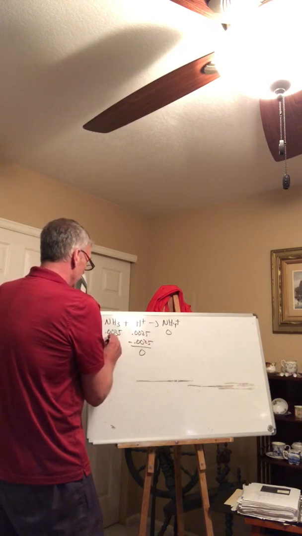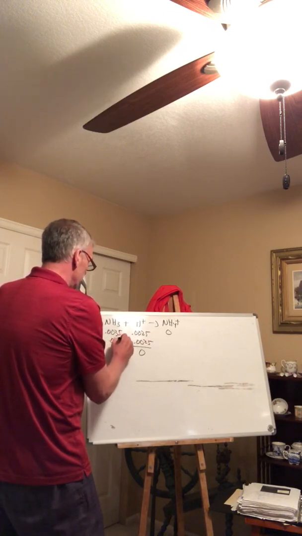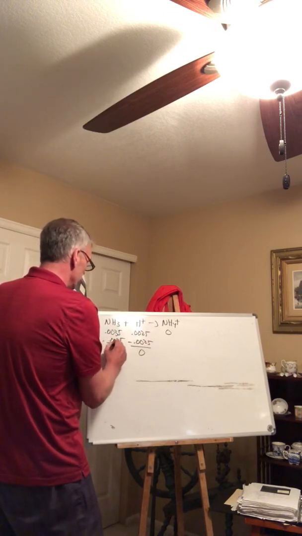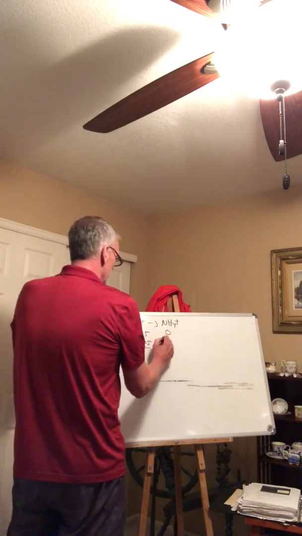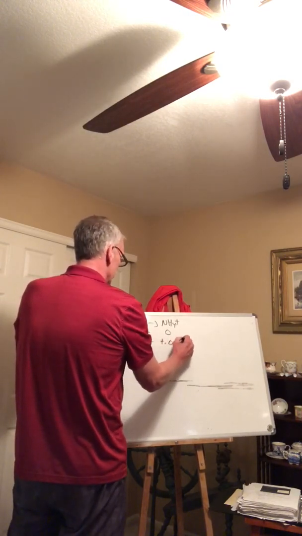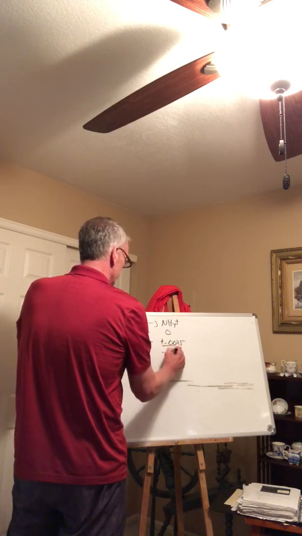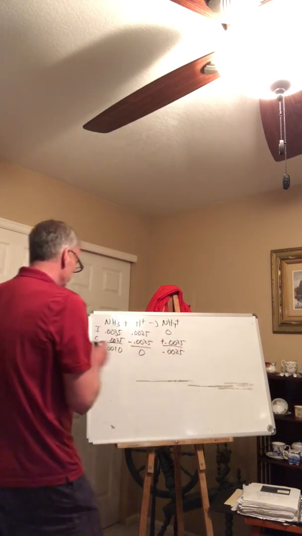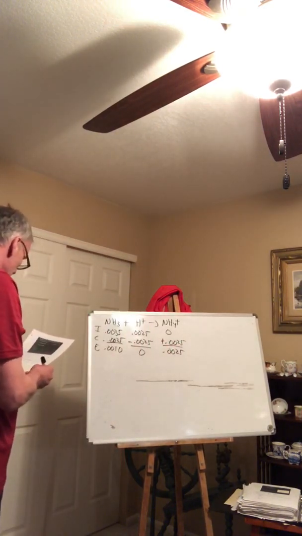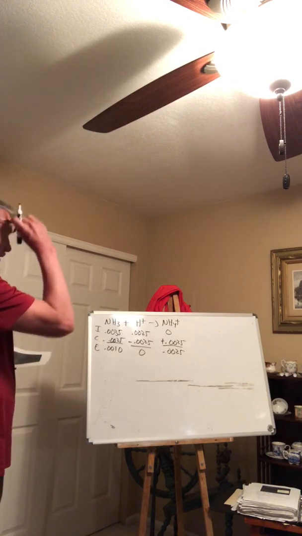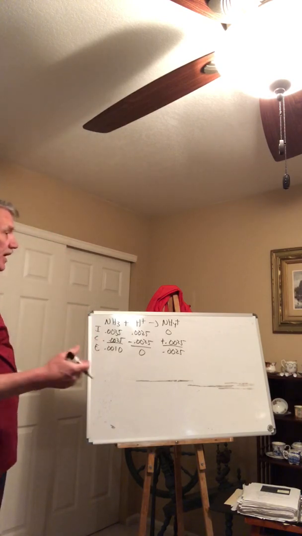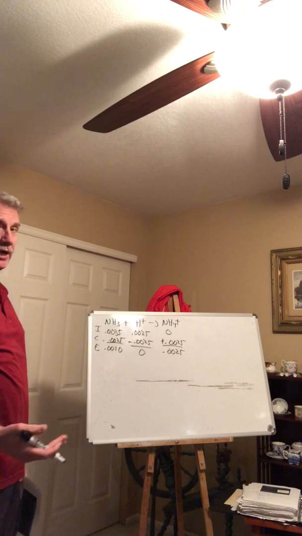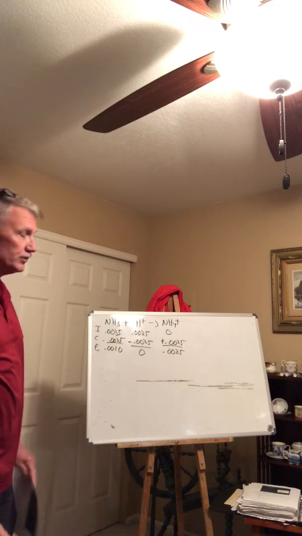And so what I have here is 0.0010, and then plus 0.0025. And now at this point, I said if you had excess H plus or OH, then you could find the pH from there.